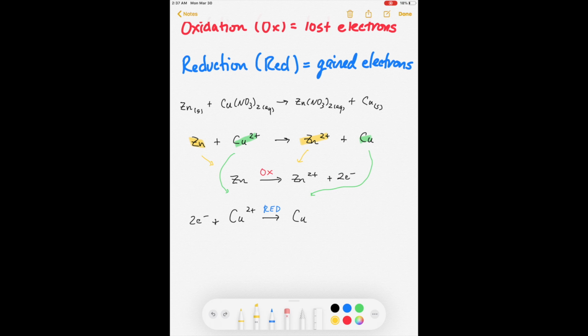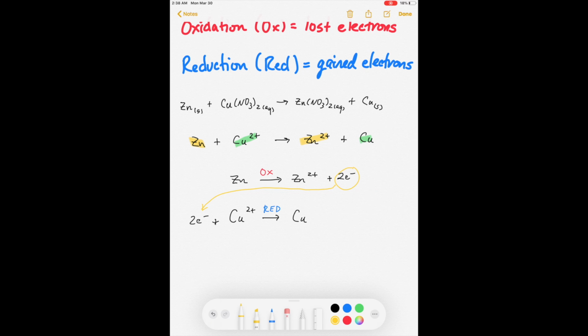That's a huge point that I want you to see. So again, the 2 electrons that the zinc is losing are the same 2 electrons the copper is gaining.